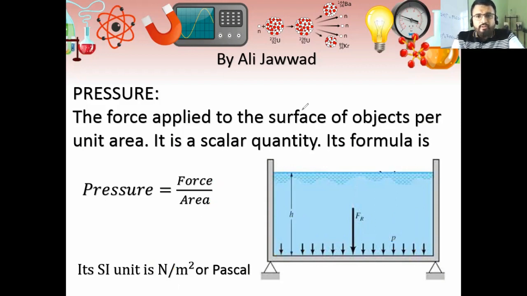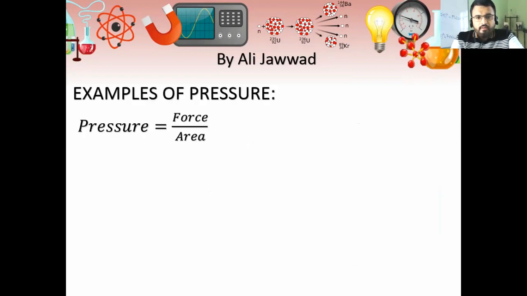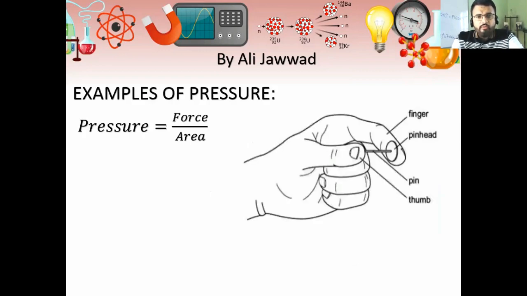Let us also try to understand pressure with the help of some more examples. If you try to apply force on the sharp end of a pin, do you feel a pinching effect? Yes.